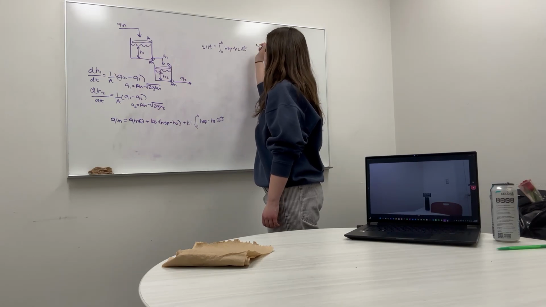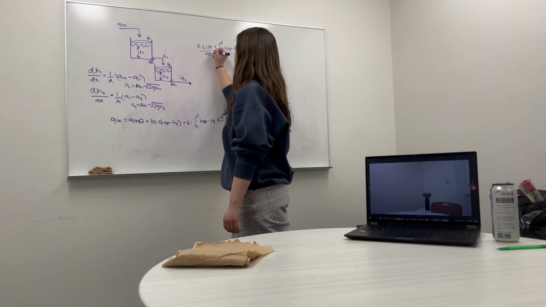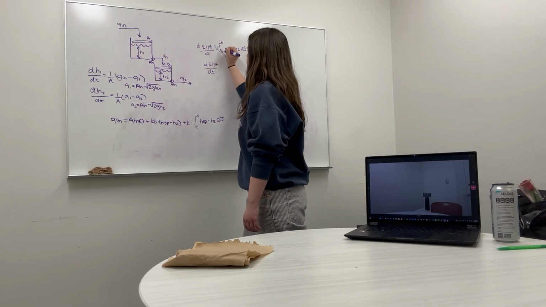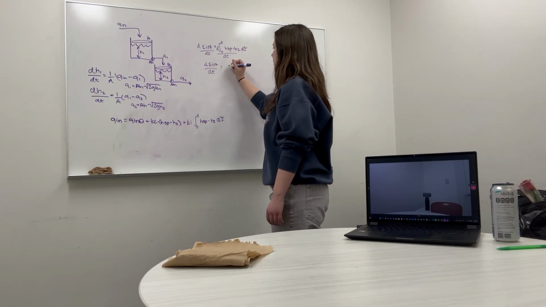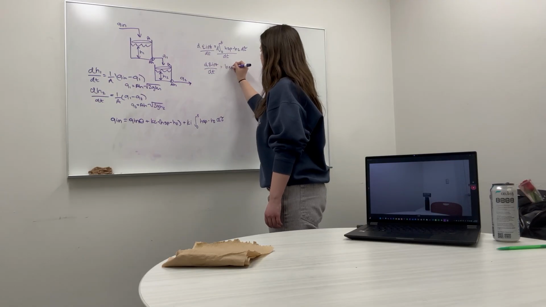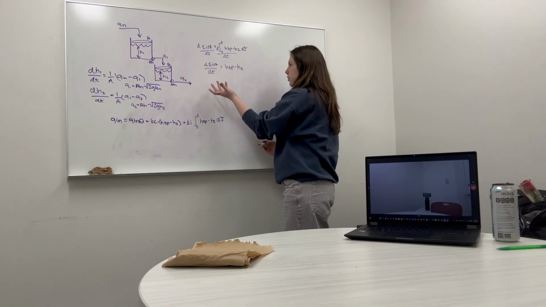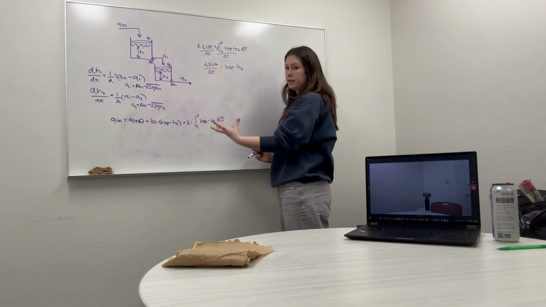And so if we take the derivative of both sides with respect to time, we end up getting the derivative of E int over dt. And then the derivative of this integral, we end up getting this integrand here, hsp minus the height of the second tank. So we're going to use this to redefine this so we don't have that integral in there.